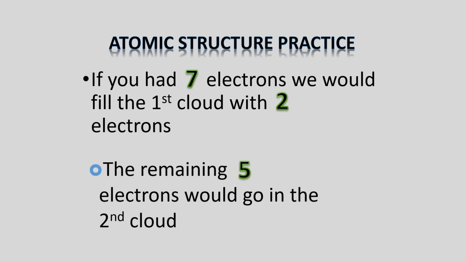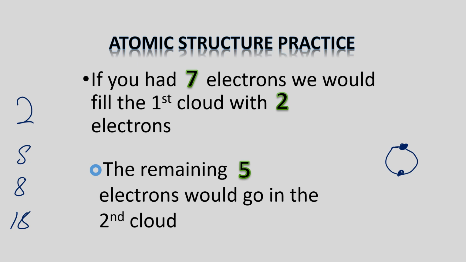So we're going to do a little bit of practice. If you ever want to just do this on a worksheet or something like that, just write this out. 2, 8, 8, 18. Now, keep in mind, you'll only have 8 valence electrons in the outermost shell. That's as many as you can have. But if you had 7 electrons, we'd fill the first shell or cloud with 2, because it can only hold 2.